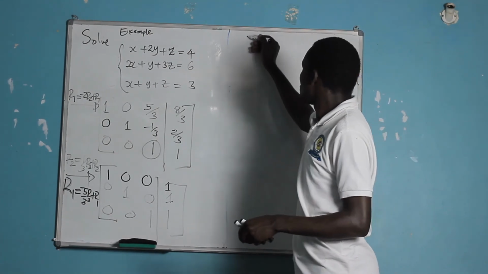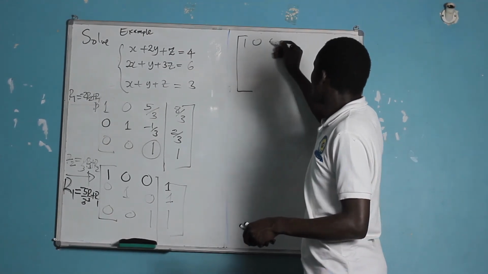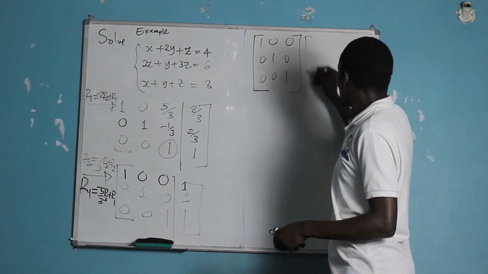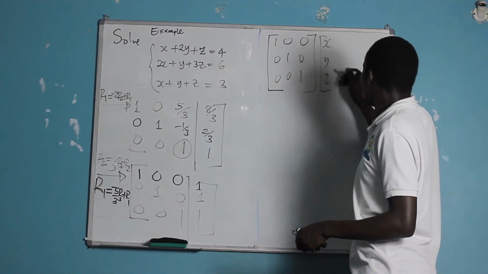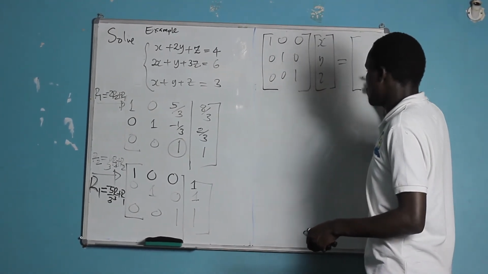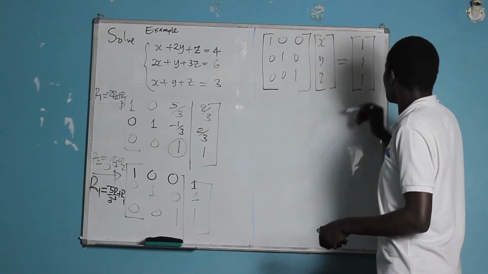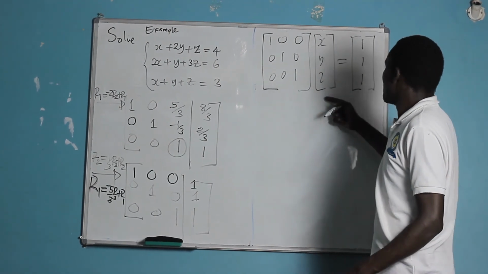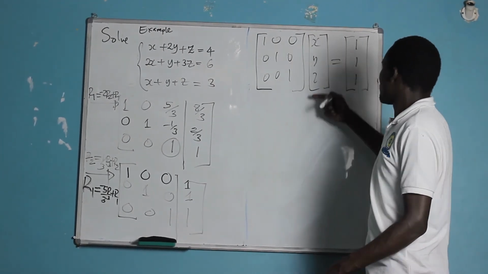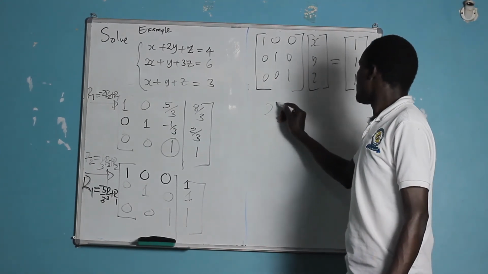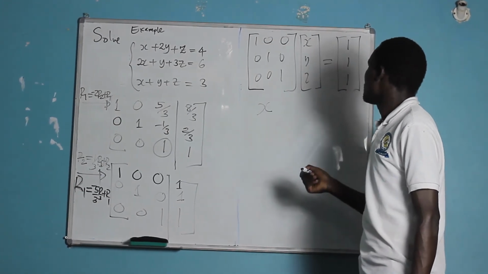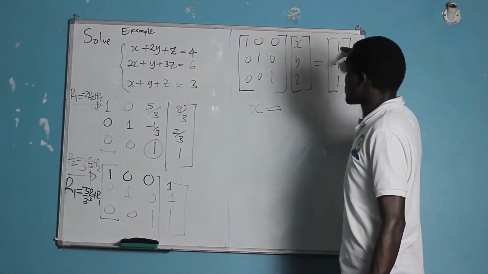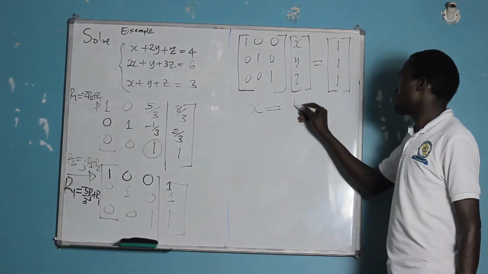So take back substitution. This is the matrix after reduced row echelon form. We multiply here x, y, and z, equal to 1, 1, 1. So by back substitution, this row times each of the corresponding entries gives just 1 times x, 0 times y, 0 times z is 0, which is equal to the corresponding entry, which is 1.